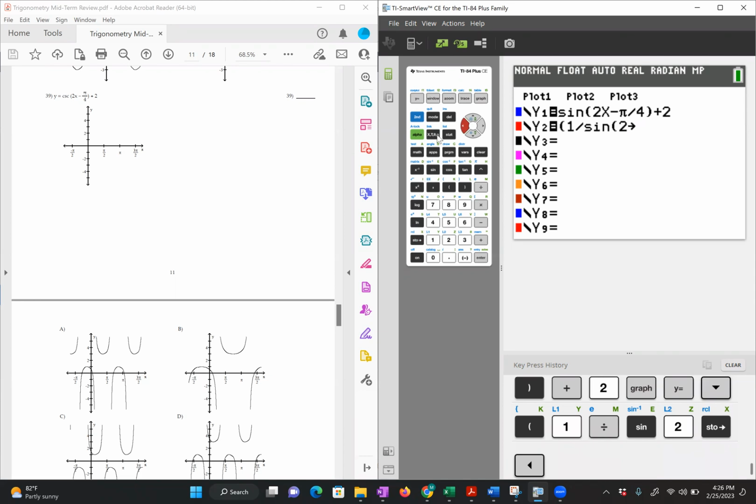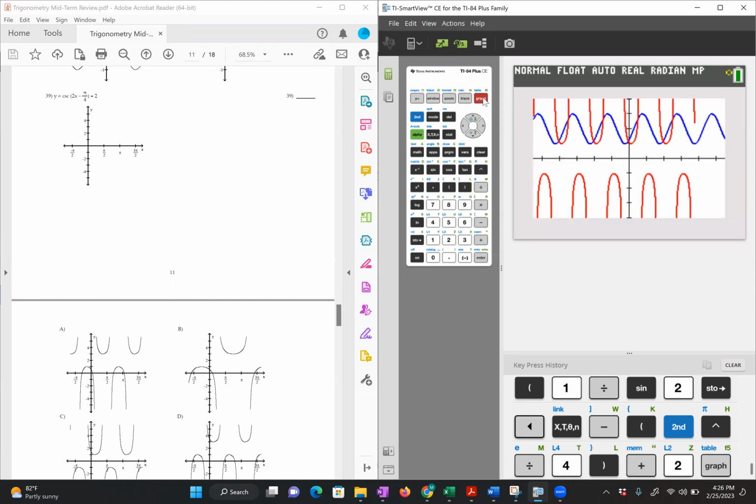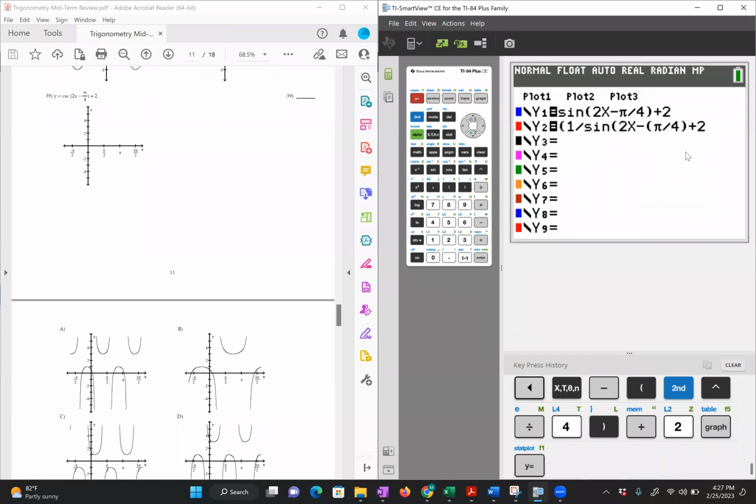So 2x minus parentheses, second pi divided by 4, and then plus 2. All right, let's go ahead and graph that. That's not right. That should be right above and right below. Go back, see what has to be fixed.